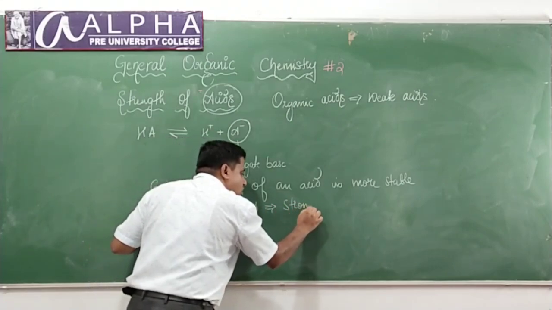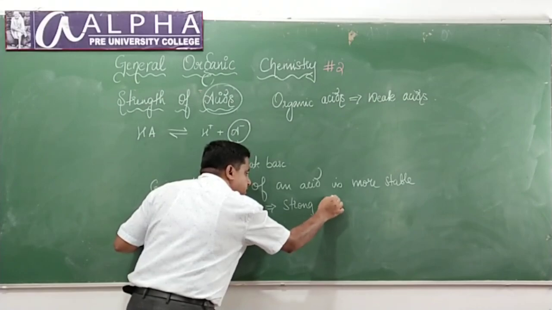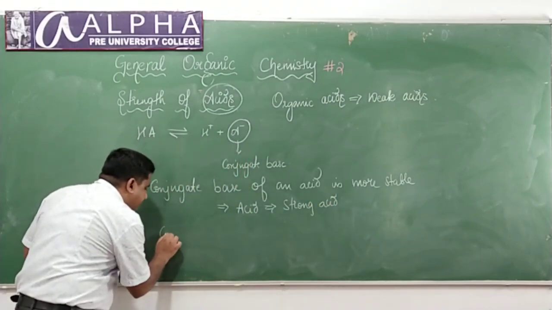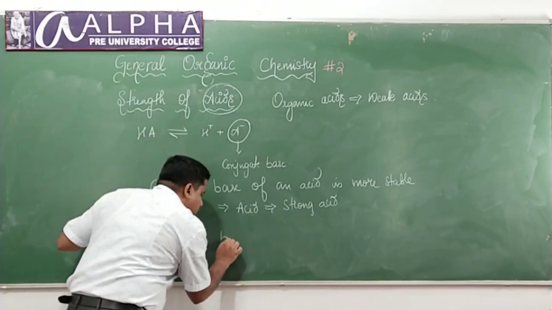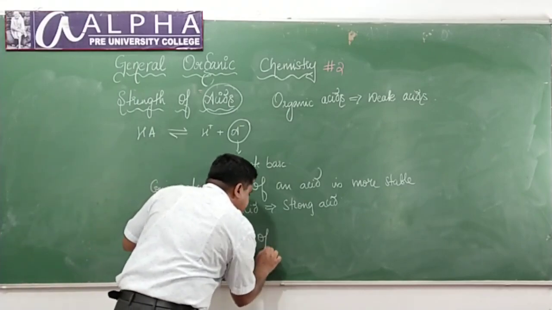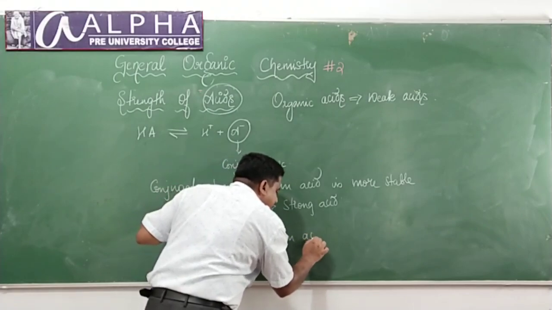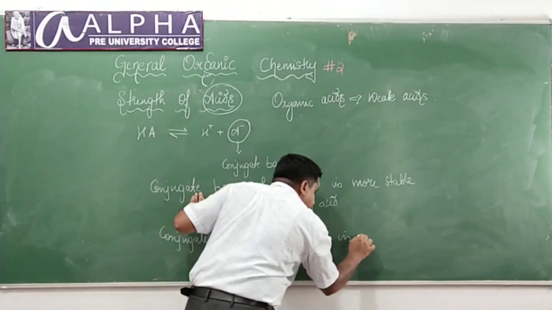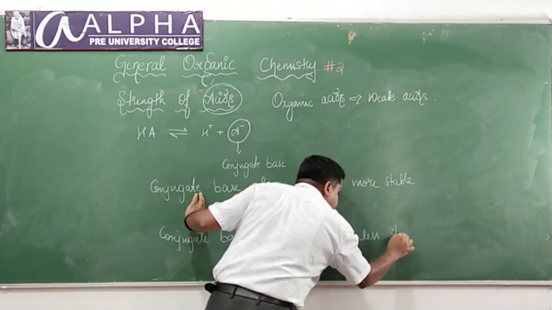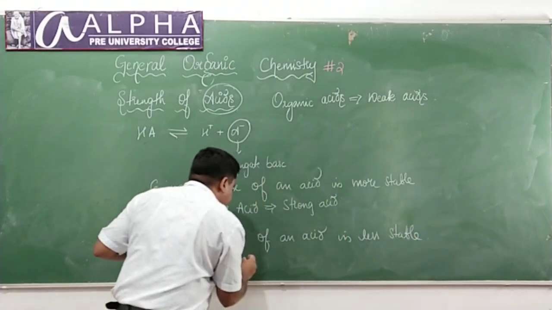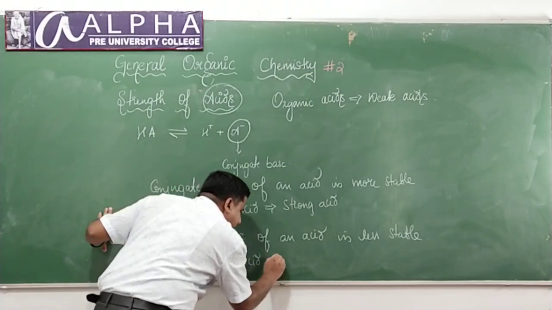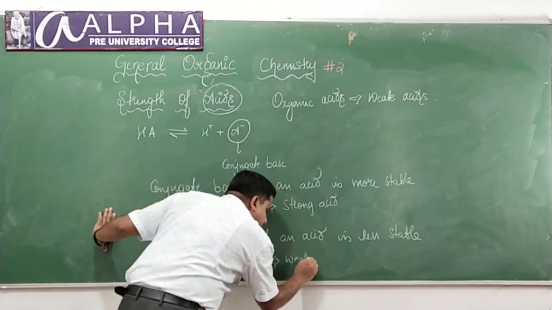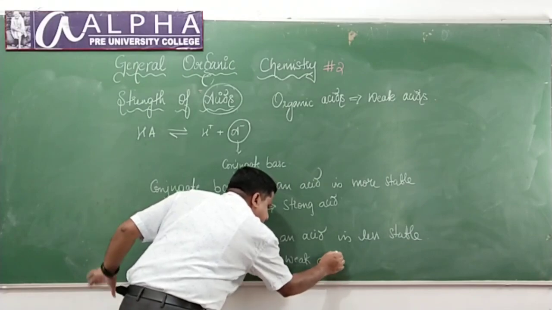If the conjugate base of an acid is less stable, then that acid will be a weak acid.